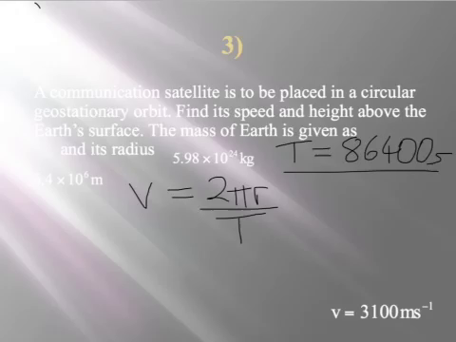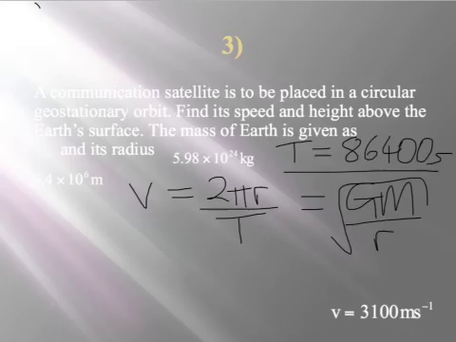And of course we also have another expression for speed for a satellite in orbit, and we can equate the 2 expressions. The other one is the square root of GM over r equation. And so now we can just look at rearranging and solving for r, making r the subject of this expression here.